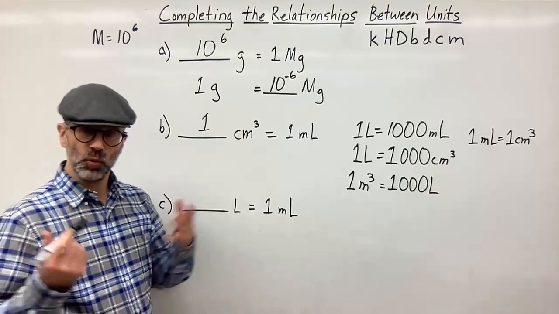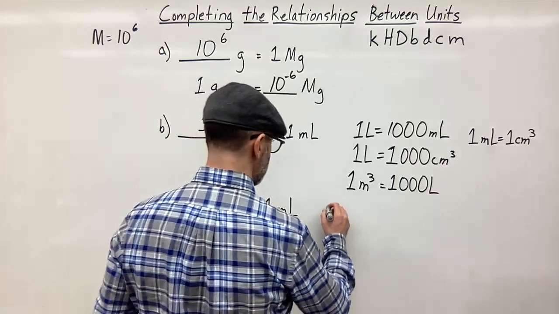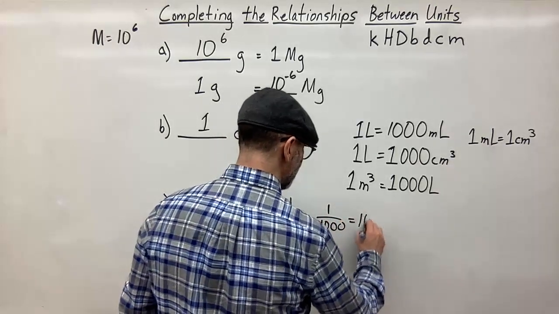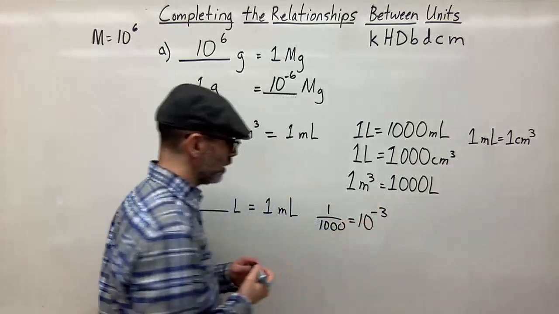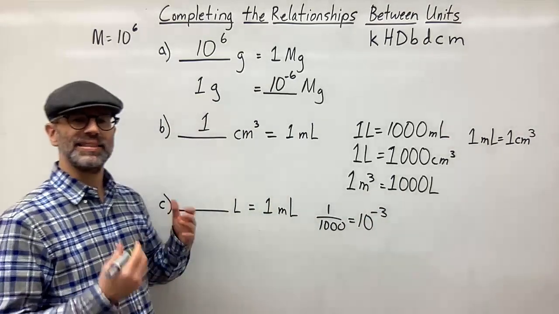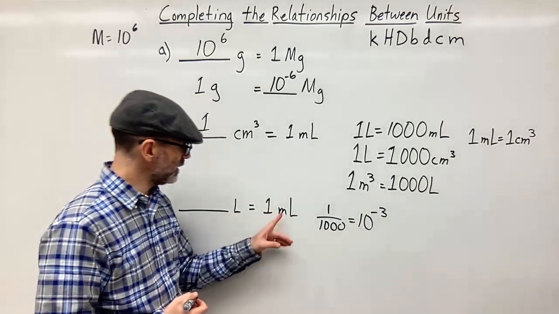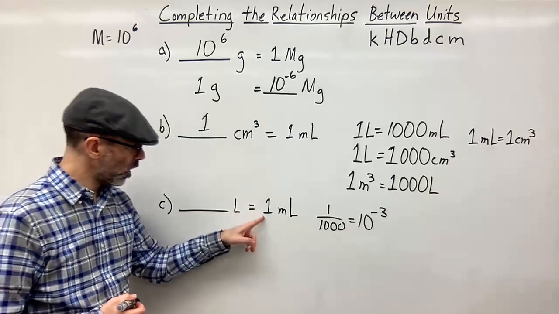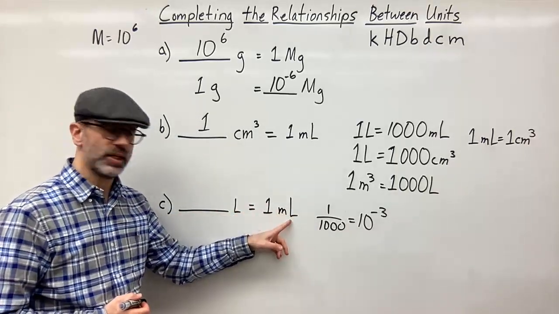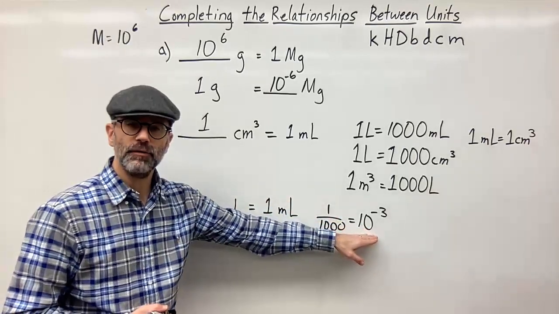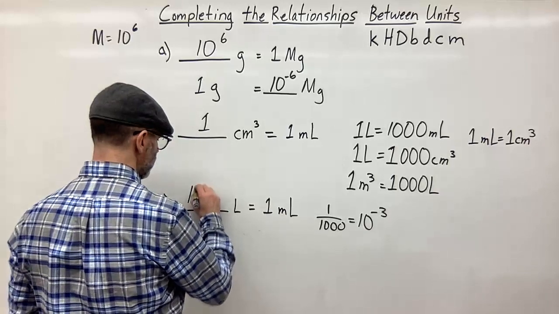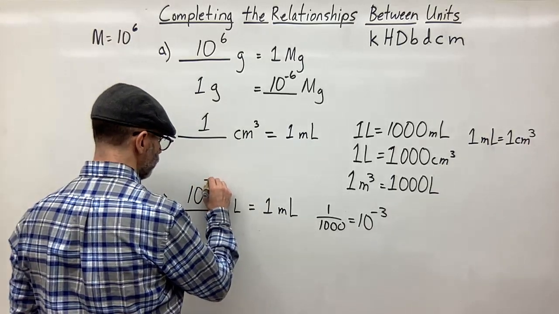So what is 1/1000th? That's the same as 1 over 1,000 or 10 to the negative 3. So milli is 10 to the negative 3. So I'm going to take 10 to the negative 3 here and put it on this side. So the 1 goes with the prefix unit. The multiplier for milli goes with the base unit. So then this is 10 to the negative 3.